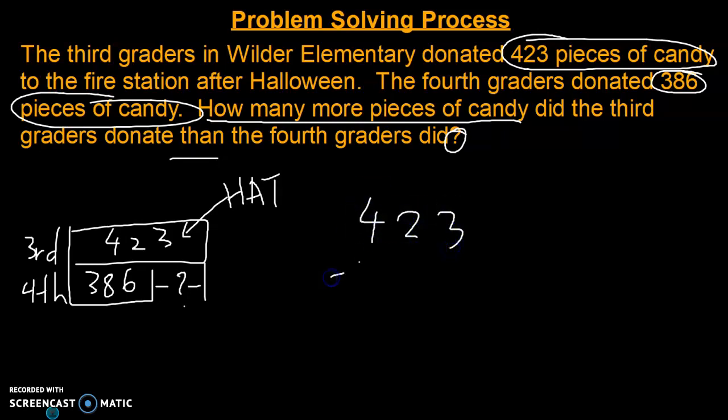423 minus 386. I told my students to choose one tool that makes them more comfortable when it comes to subtraction. For me, I usually use my subtraction sum. So we start with the ones place. I have 3, they want 6. Do I have enough? No. Go next door and borrow.